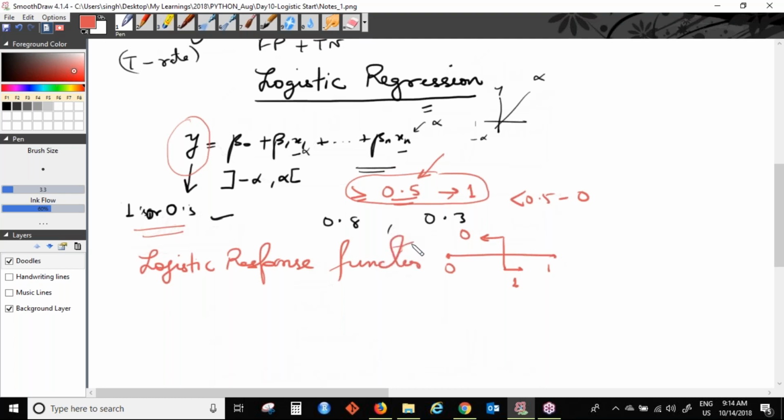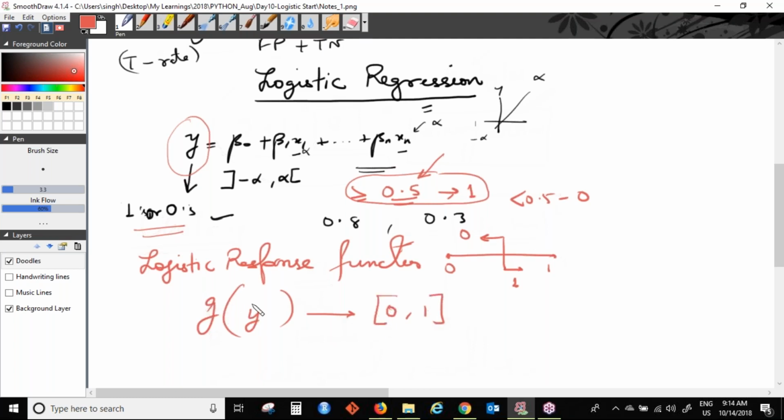What we will do is take this y and apply some mathematical function g on top of it, so that the output is always between 0 and 1.